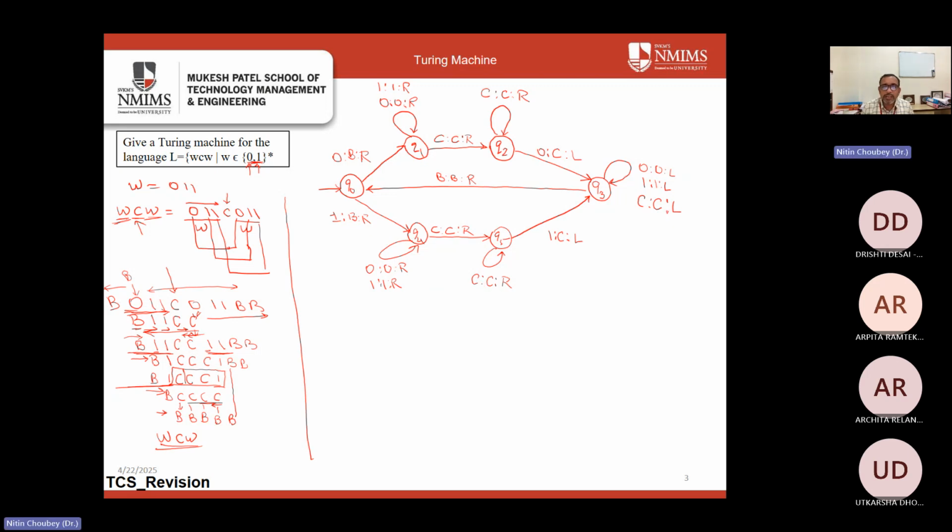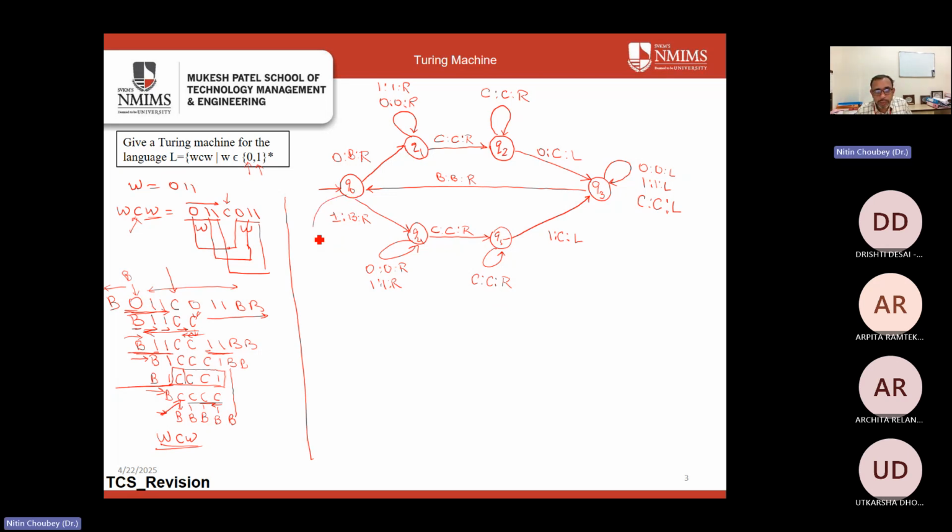Now this process will continue till what? Till we come across the situation wherein, when we are looking for a symbol from the first input, whether it would be either 0 or 1, in the place of them, that is W, we are getting this C, which will indicate that your first input is over.